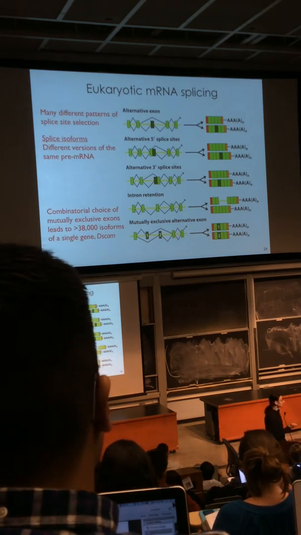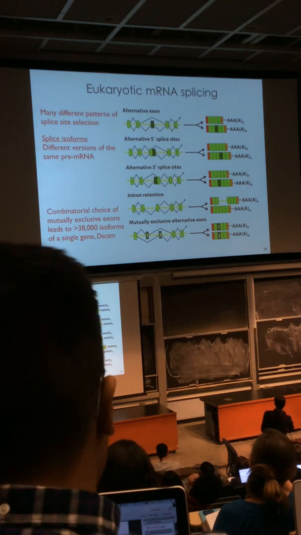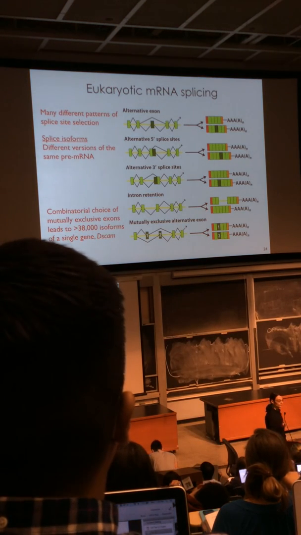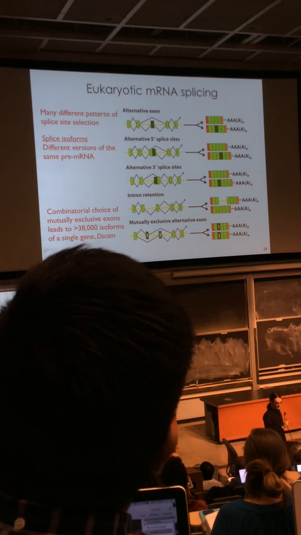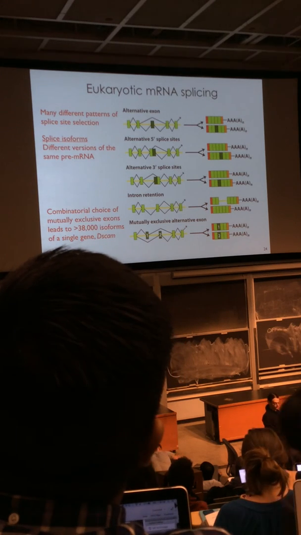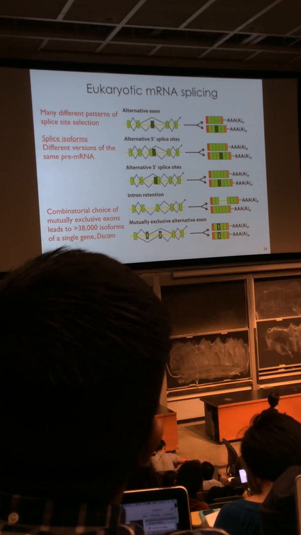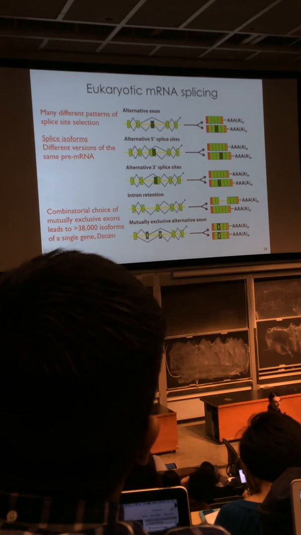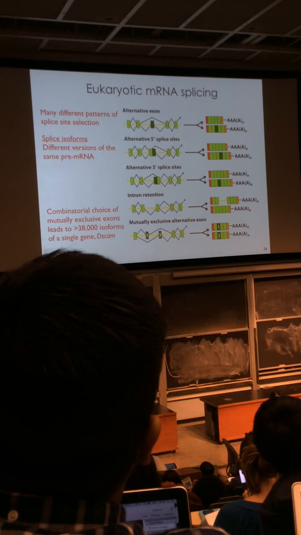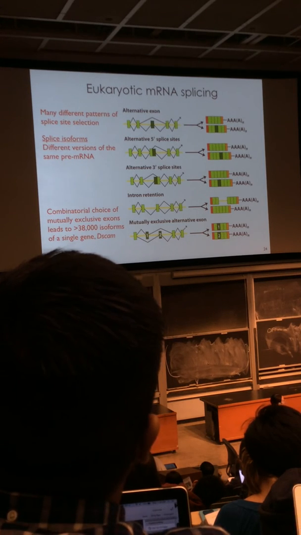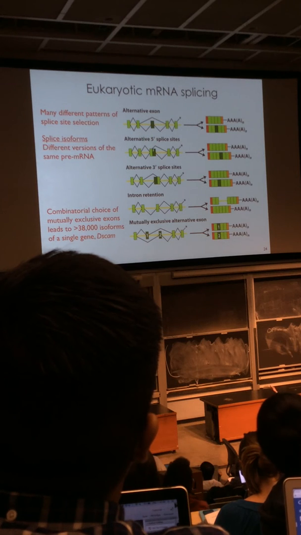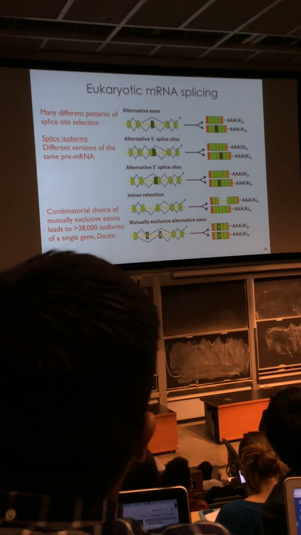And there are many different ways this can happen. It's diagrammed here based on the choice of different 5' and 3' splice sites to use to bring together the RNA. There are cases where you can simply include or exclude an entire exon, corresponding to an entire chunk of protein coding sequence that might be included or excluded from the protein. You can also use longer or shorter forms of the same exon.